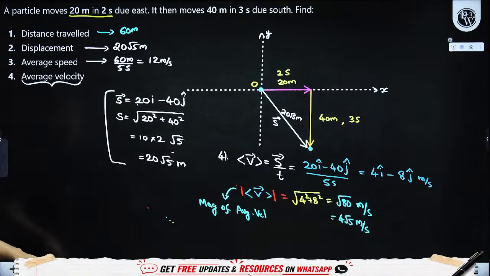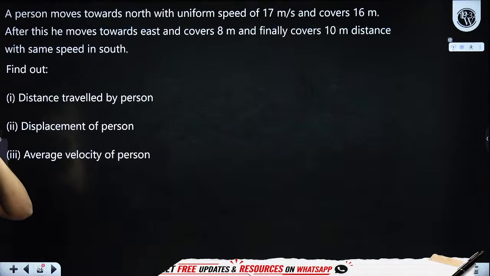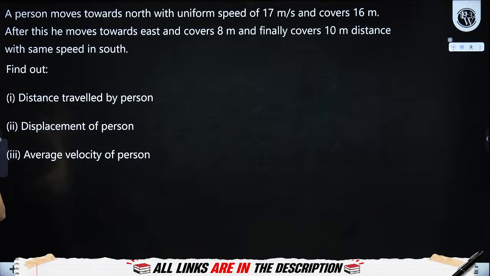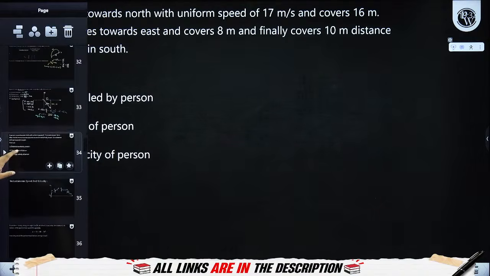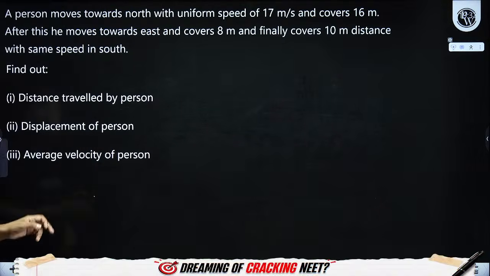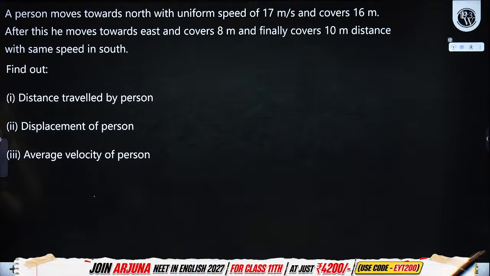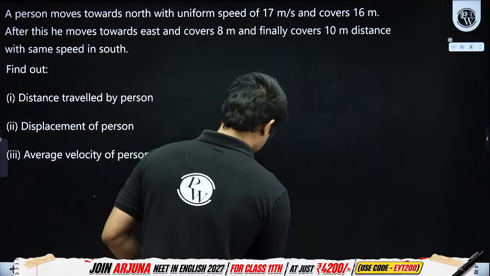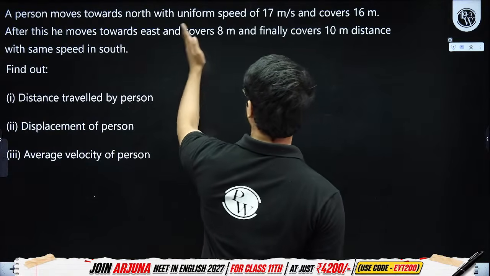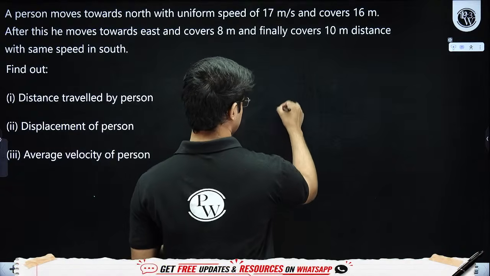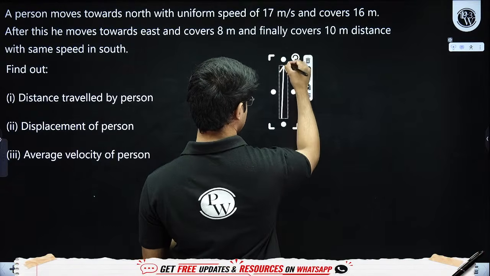Now we'll have another similar question. A person moves north with a uniform speed of 17 meters per second and covers 16 meters. Similar question itself. He moves north with a speed of 17 meters per second and covers 16 meter distance.